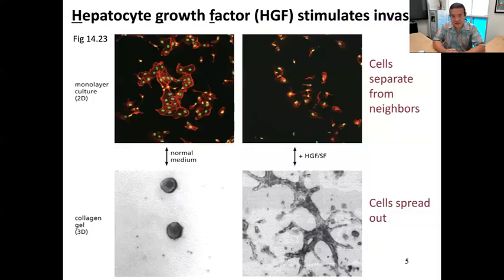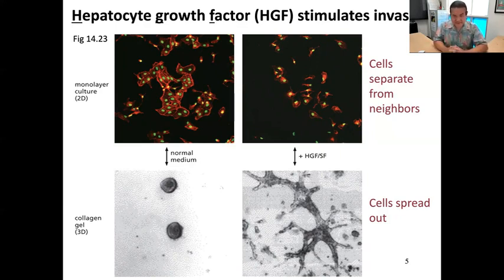Another such type of signaling molecule is hepatocyte growth factor, or HGF. Keep in mind that even though it's called hepatocyte growth factor, what's a hepatocyte? A hepatocyte is a liver cell. Many times, I think we've talked about this, the naming of different proteins is kind of outdated, right?